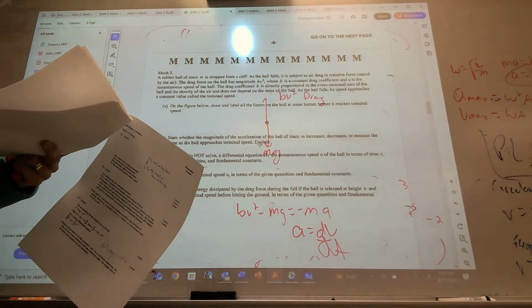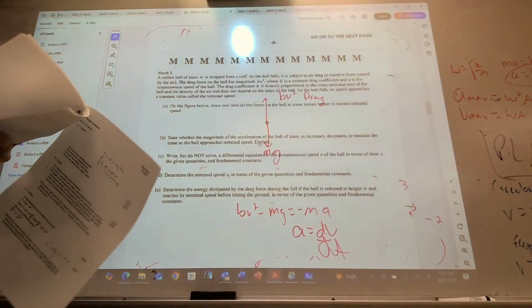Then they ask about terminal velocity. If that's the same exact question as last time, you do the same exact thing.